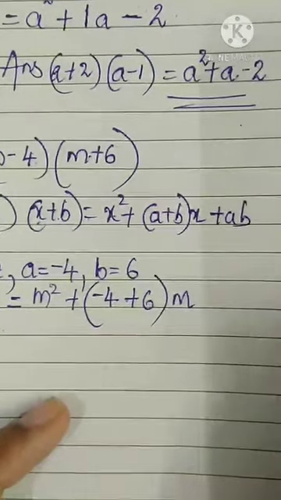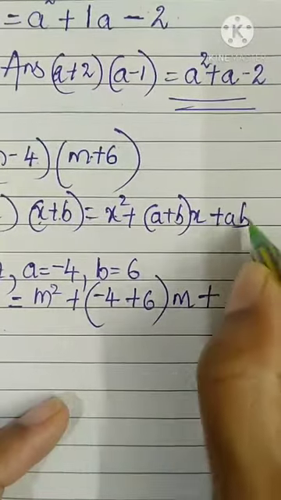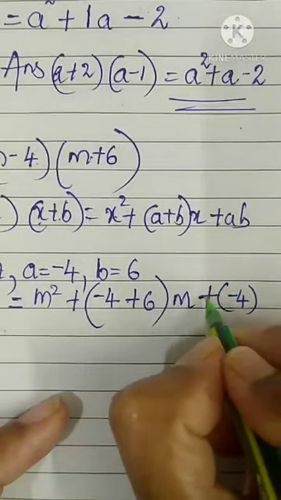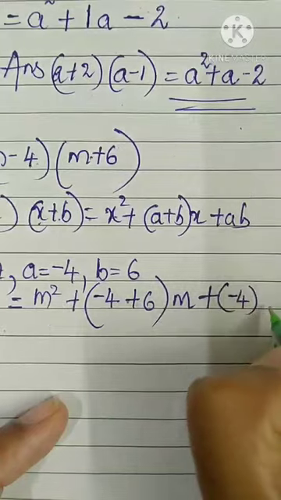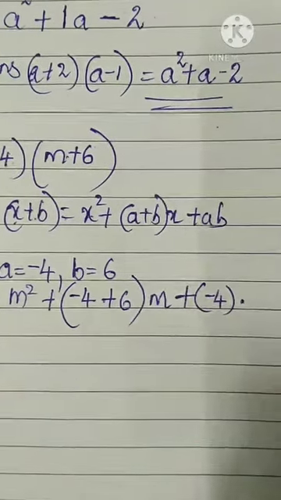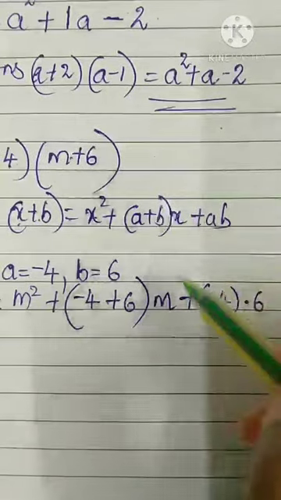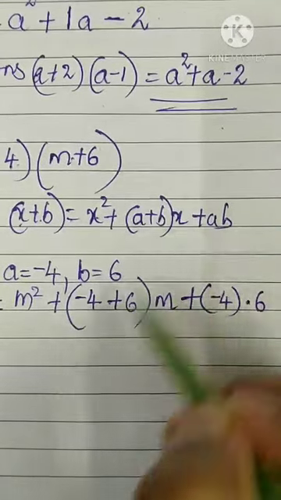Remember, x is m. Plus a is minus 4. Please put it in bracket because two signs you have to separate. Into, for into you can put a dot. b is 6. Before going to the next step, please check whether you have written it correct.